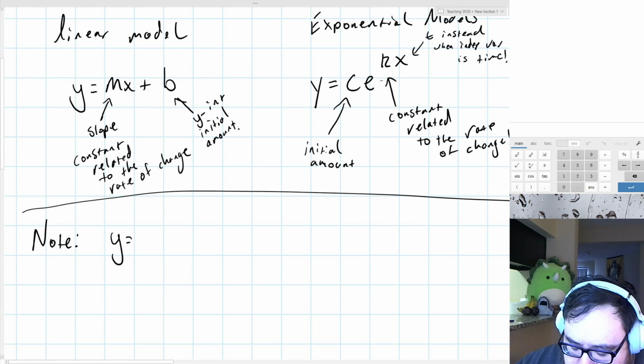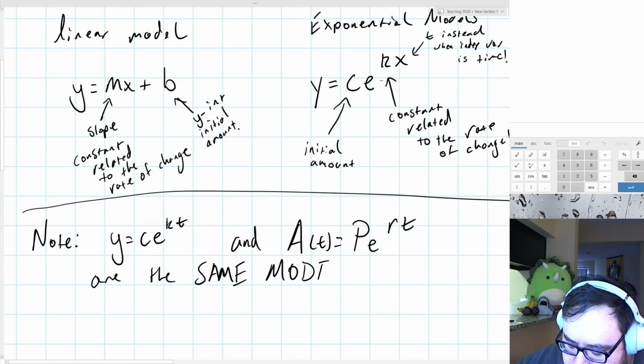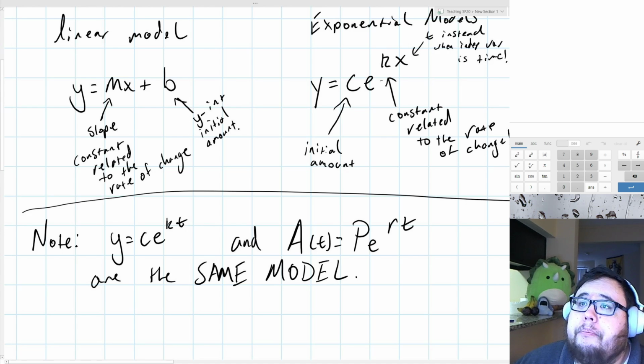y equals c e to the kt, and A of t equals P e to the rt are the same model. Okay.